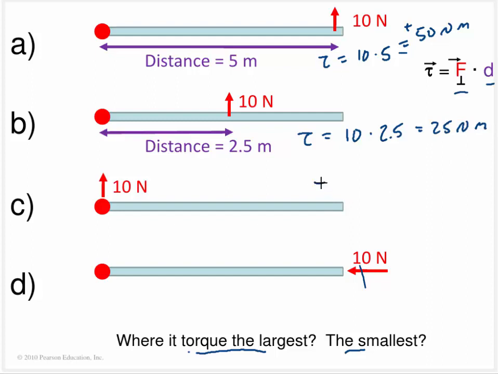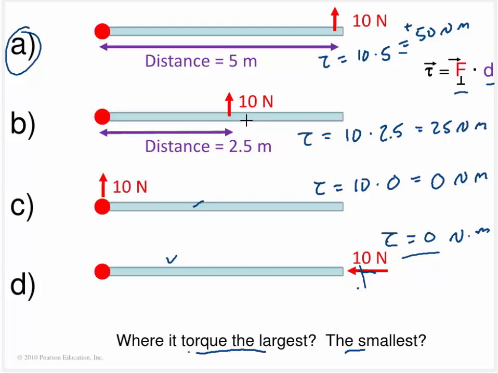For this guy, the force is 10 newtons, but the distance is a big fat 0, so the torque is also 0 newton meters. And last but not least, here we have a force, but it's not perpendicular, so it's not going to generate any torque. It's 0 newton meters. So the smallest are these two, and the largest is this guy.